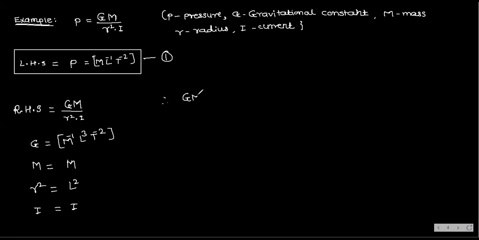Therefore, Gm by R square into I is equal to M power minus 1, L power 3, T power minus 2, into this M as it is, divided by R square, which is L square, into this I. Now, this is plus 1, this is minus 1, so we will cancel this.